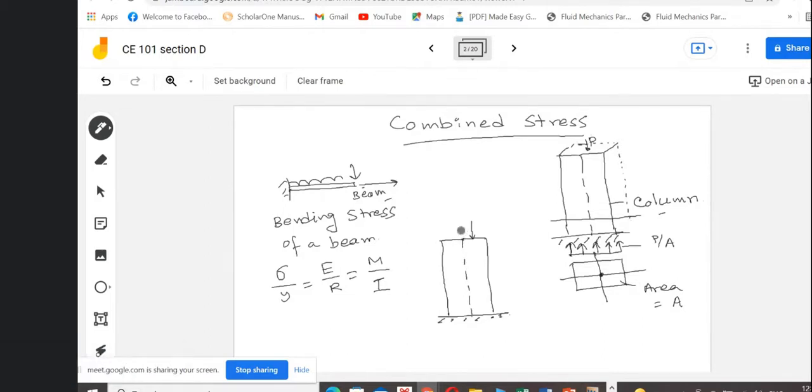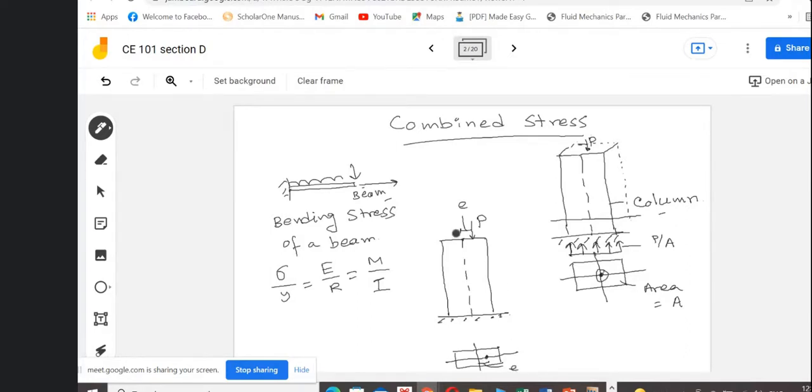Rather, it acts at some distance, say e, away from the center line. So if we again look at a sectional view, earlier the load was acting at the center point, now the load is acting at some distance from the center point, equal to e.